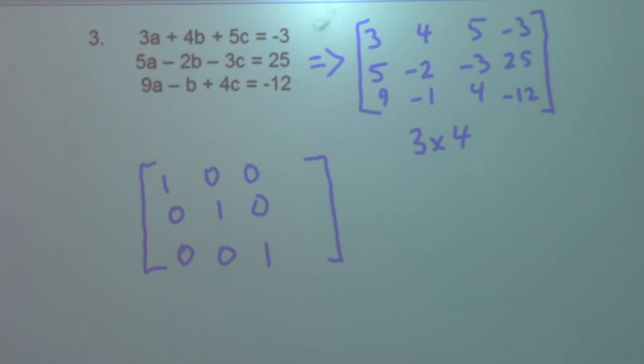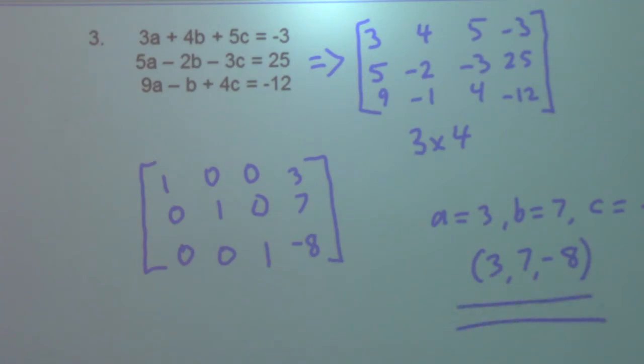That means A is equal to 3, B is equal to 7, C is equal to -8. We can write that as a coordinate triple: 3, 7, -8. That would be our answer to that.